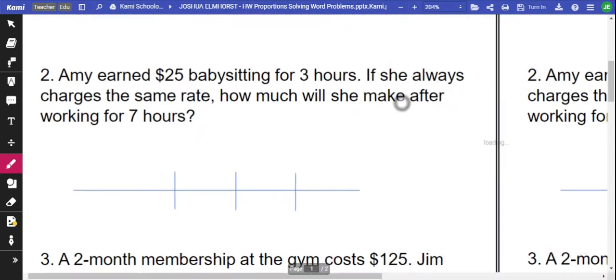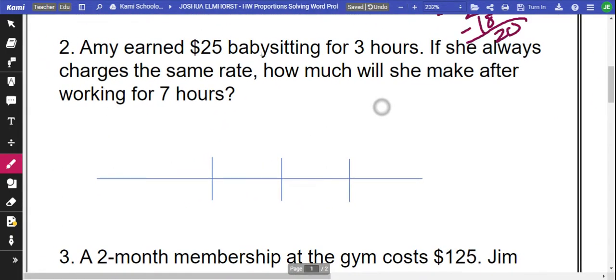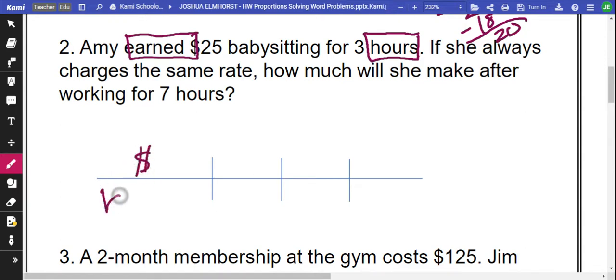Okay, so each one we're going to set up the problem looking at the rate and what is being compared. So this one is earning money, and this one is hours. So Amy earned $25 of babysitting for 3 hours. So it looks like this is cash earning, and then we have hours.